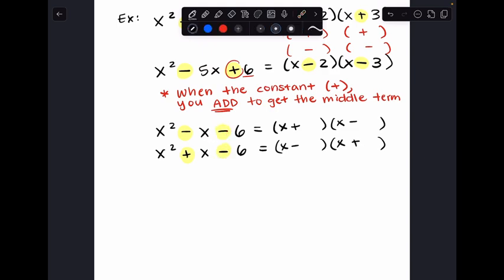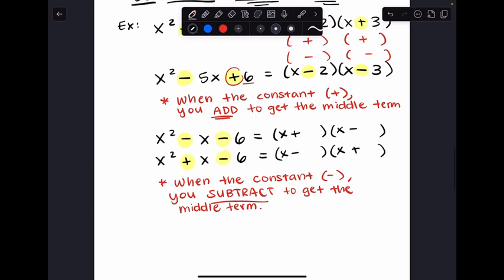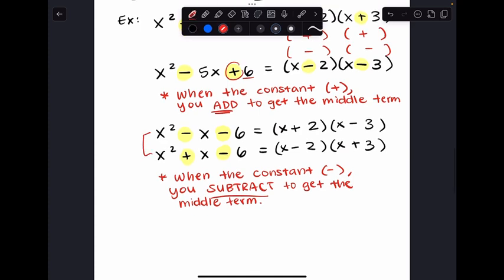And so when the constant is negative, you have to subtract to get your middle term. All right, so for here, 2 and 3, these are the same signs.